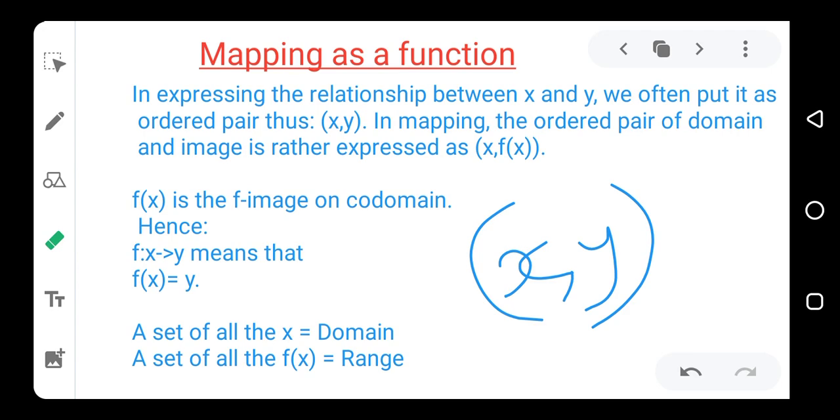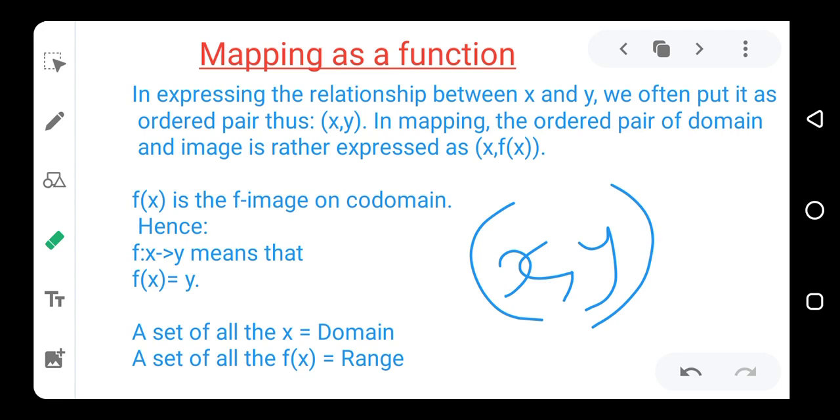Because in mapping, some values in the codomain may not have any associated value in the domain. That means that some values in the codomain are not the image of any element in the domain. We established it in the previous lesson.